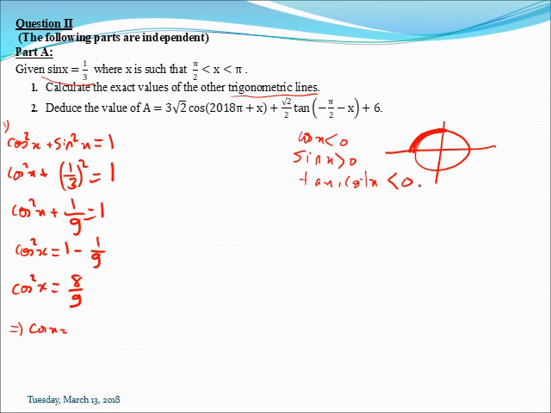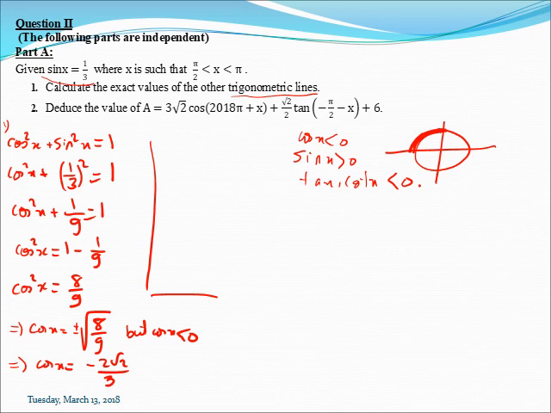Cosine x equals plus or minus radical 8 over 9. But cosine x is negative, then cosine x equals minus 2 radical 2 over 3. Now tangent x. Tangent x equals sine x over cosine x.